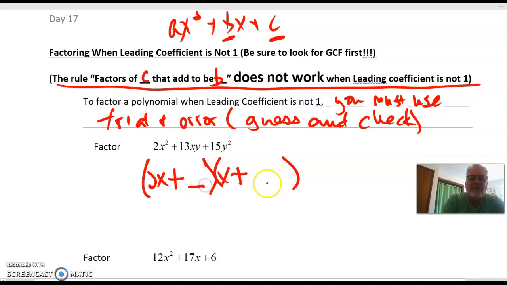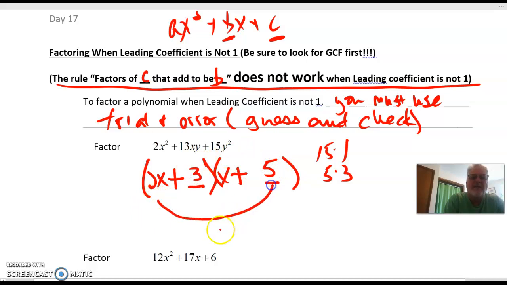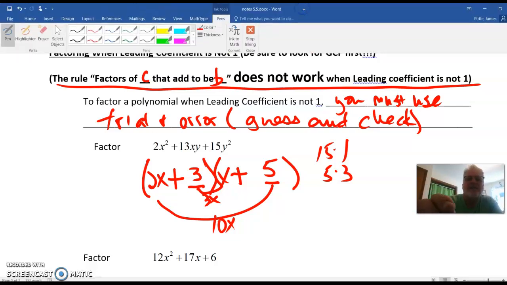So for here and here, my only choices are 15 times 1 or 5 times 3. If I put the 5 here and the 3 here, that will give me 10x, and this will give me 3x, and 10x and 3x adds up to be 13x. So I know I must be right. It's guessing and checking, but it's not just random guessing and checking. It's what I call educated guessing and checking.